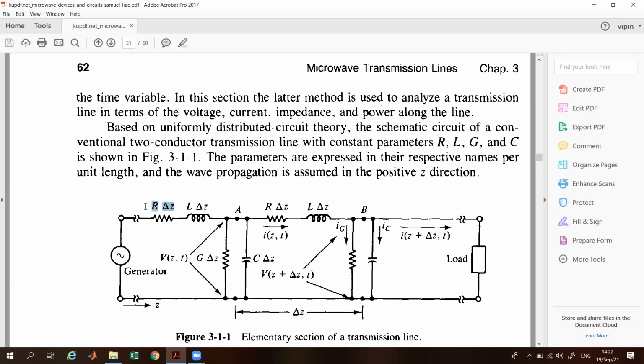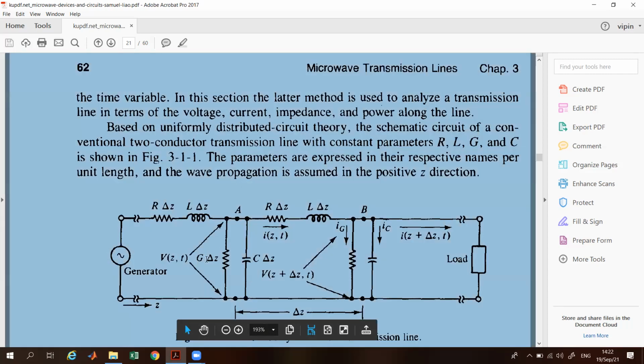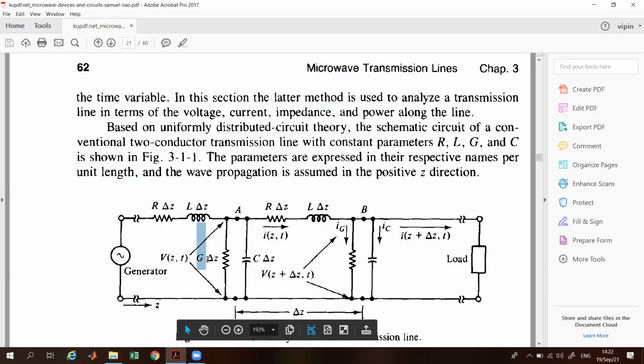So the value of resistance will be R into delta Z. In a similar way, the value of inductance will be L into delta Z. The admittance here, if I have a resistance in parallel form, we denote it by G, and then G into delta Z will be my admittance. If I have a capacitance, it will be C into delta Z, and the remaining is clear.